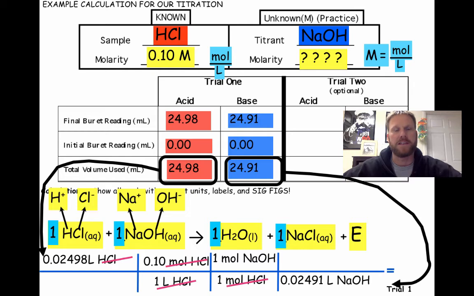I will have standardized it. When you run this calculation through your calculator, you will get 0.10 molar NaOH, which is exactly what the concentration of the NaOH was. You can only have 2 sig figs in these calculations because we are going to be limited by the molarity of the acid, which only has 2 sig figs.